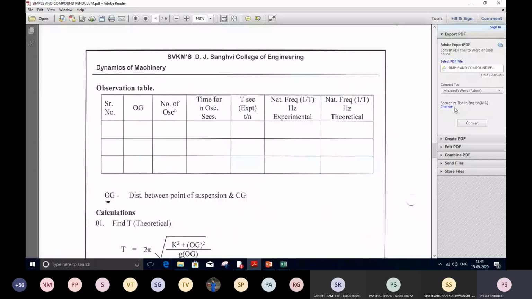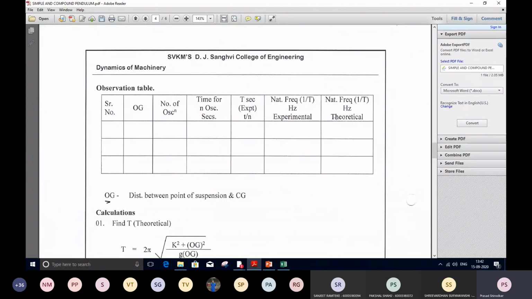Serial number, OG, number of oscillations, time for n oscillations, natural frequency experimental, natural frequency theoretical.